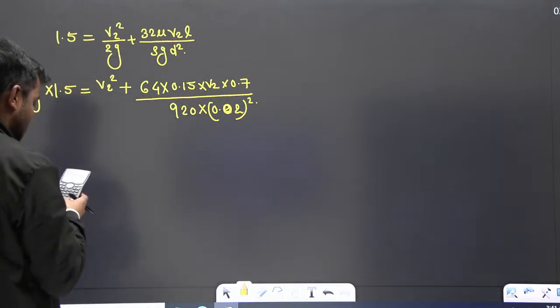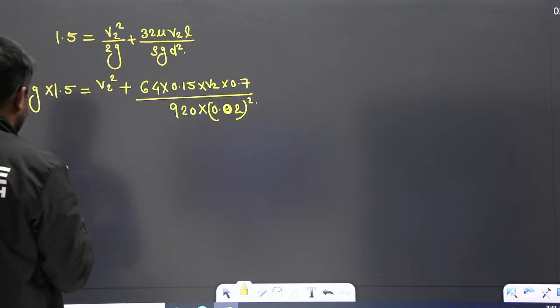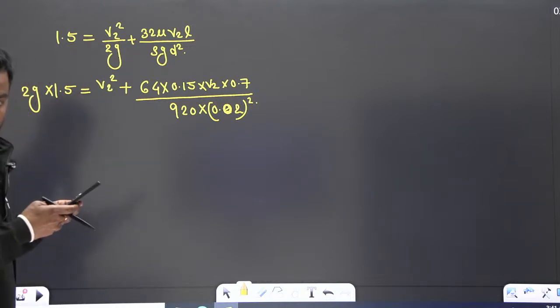Multiplied by 9.81, and 2 multiplied by 1.5.